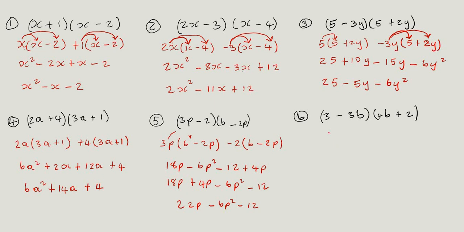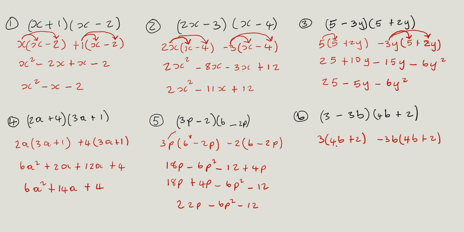Now to our last example, same idea. We're going to take the first term out, which is 3, and use it to multiply the second bracket, which is 4b plus 2. Then we're going to take the minus 3b out, and use that to multiply the second bracket, which is 4b plus 2. Then we apply the distributive property.